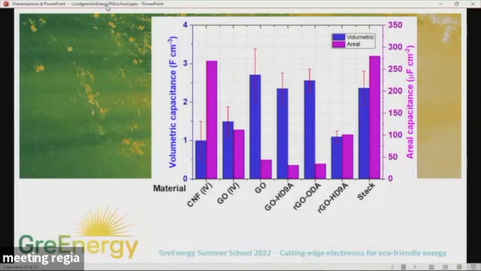The higher we can make the areal capacitance, the more energy we can store. So here we have numbers of several hundreds of microfarad per square centimeter. And of course, we want to make this as high as possible.